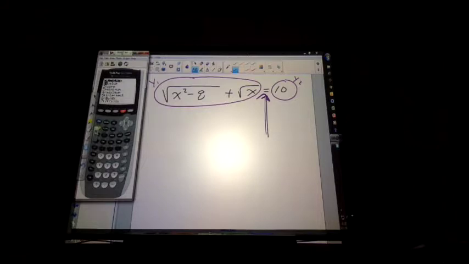So second, calculate an intersection. Just hit zoom out, enter. I think it's enter, enter maybe. First curve, second curve.